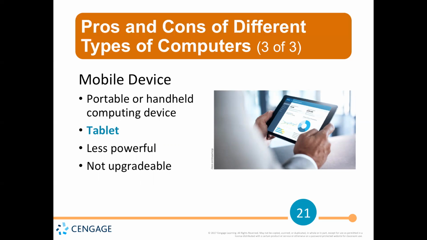Not something that I really want to do much work on, because the keyboard is usually virtual, which takes up part of the screen. Although there's a big push from both Microsoft and Apple now to create these dual devices, that are both tablets and still retain all of the power of a laptop.